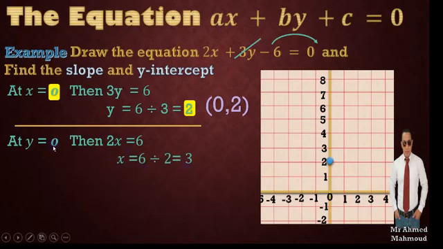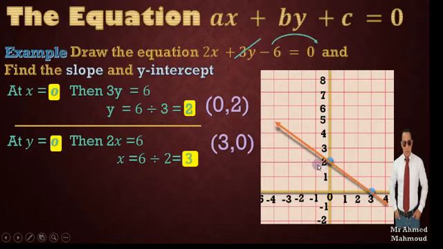Now we have y equals 0 at x equals 3, represented as the ordered pair 3 and 0. 3 and 0 is represented here. Okay, now we have 2 points. I can connect them like this. We get a straight line. So this equation is an equation of a straight line.